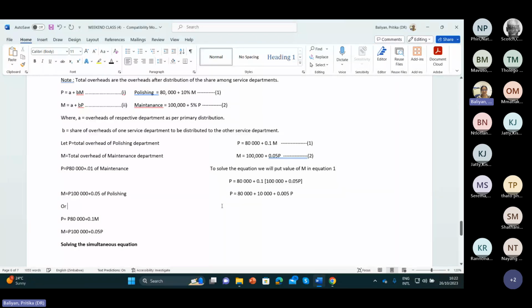So in the next line, P equals 80,000 plus 10,000, which makes 90,000, plus 0.005 P. Now we will take it to the next line.